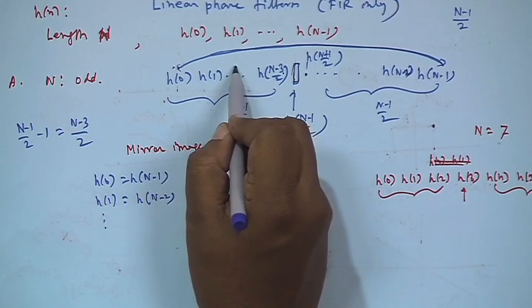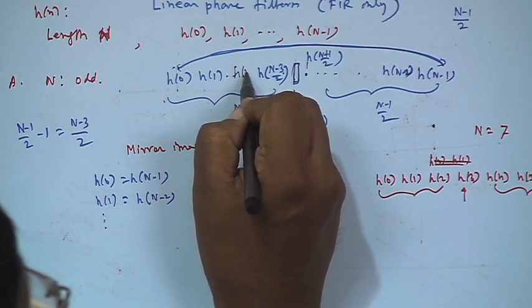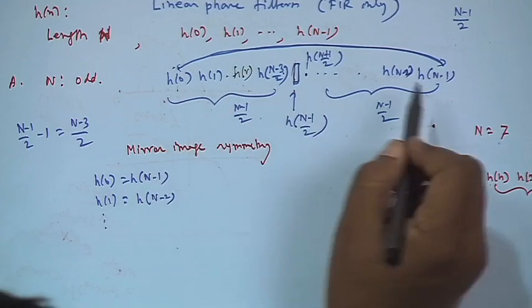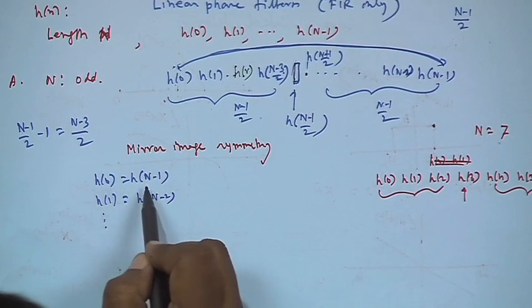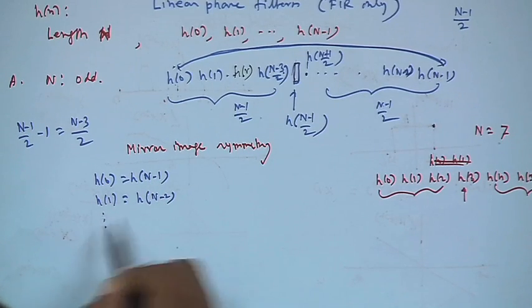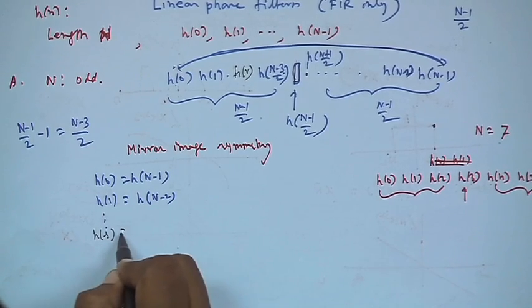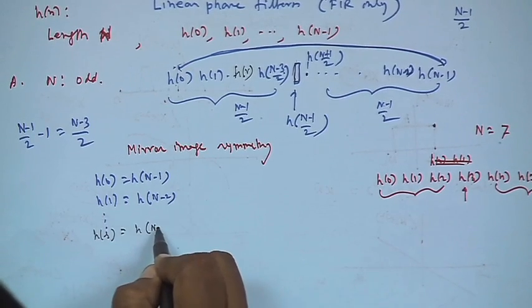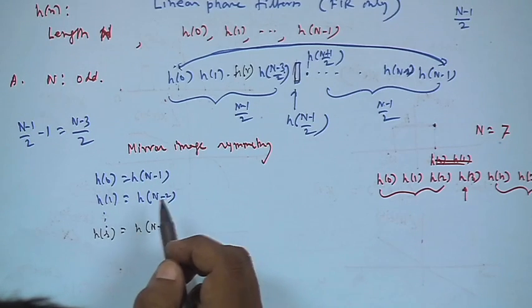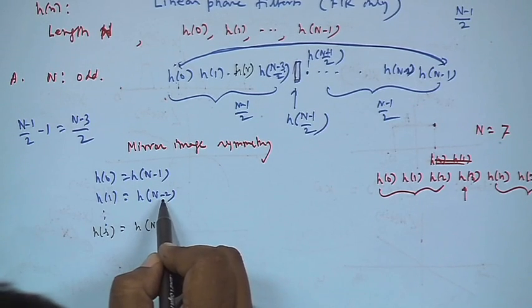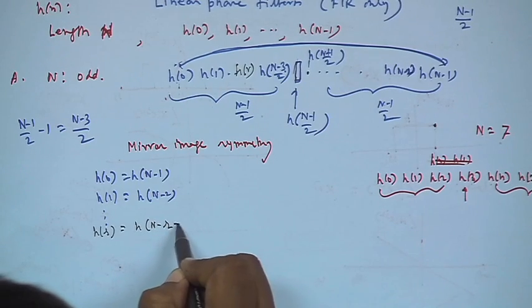If you take a general case H r, see 0 and n minus 1, 1 and n minus 2. If you go up to H r, it will be n minus r, okay, or n minus r minus 1.